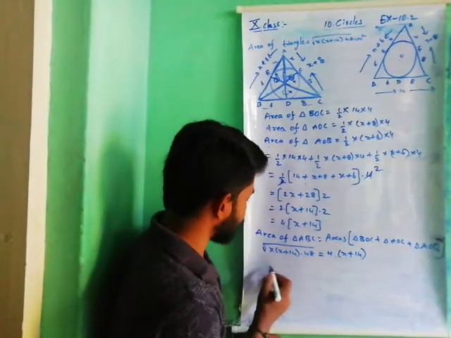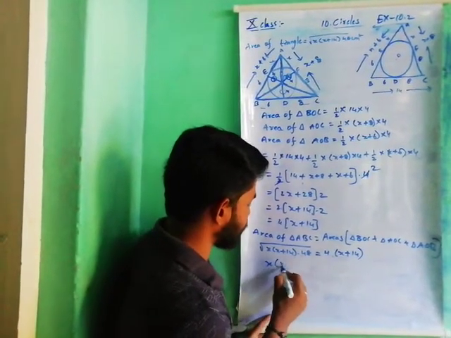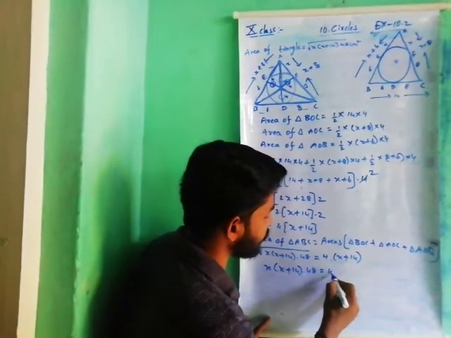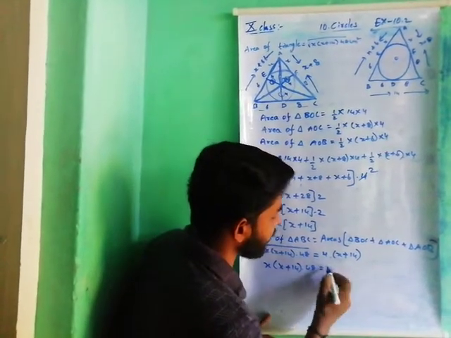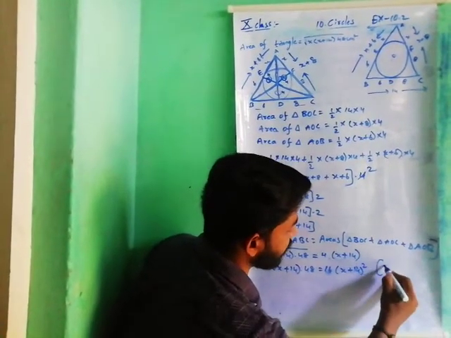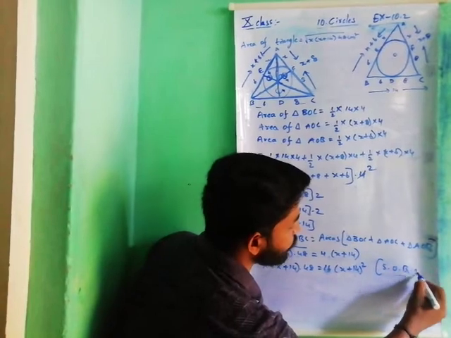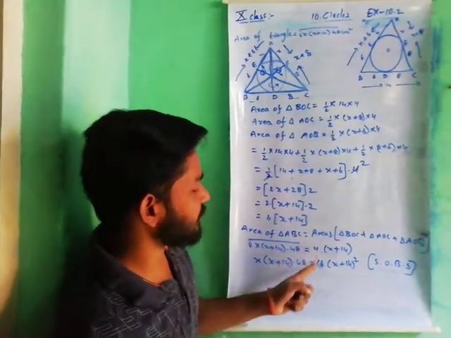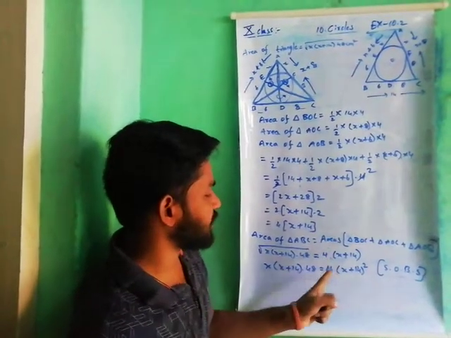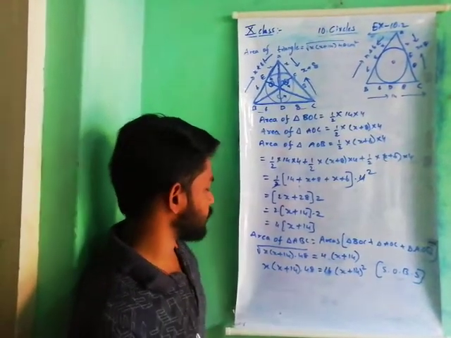By squaring on both sides we get x into x plus 14 into 48 is equal to 16 into x plus 14 whole square. 4 square means 16. If we square both sides, the root gets cancelled.